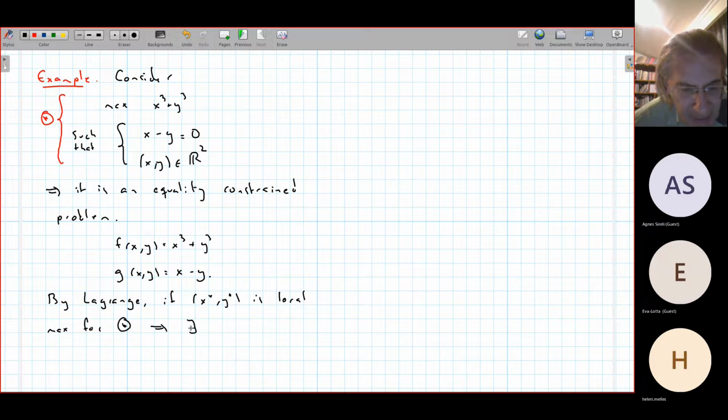Then in that case, there is some Lagrange multiplier lambda star in R with the property that the derivative of f plus lambda star times the derivative of g is equal to 0.